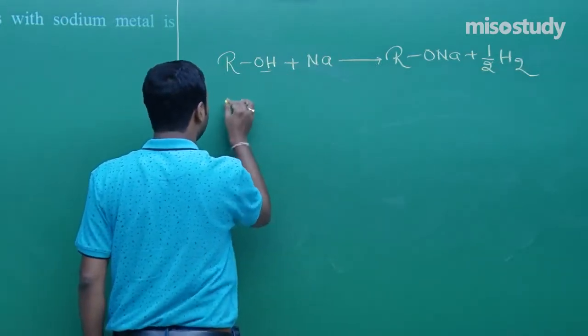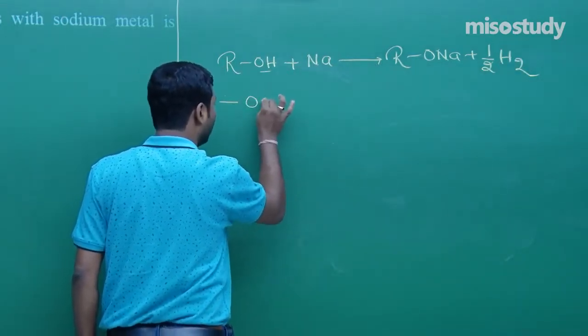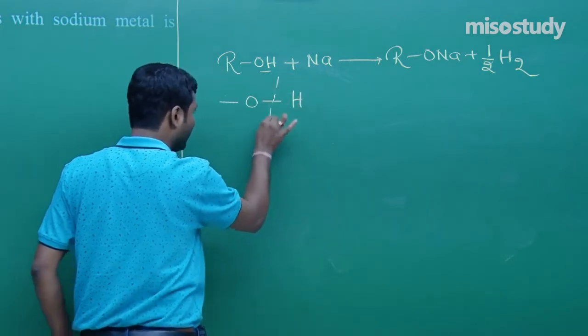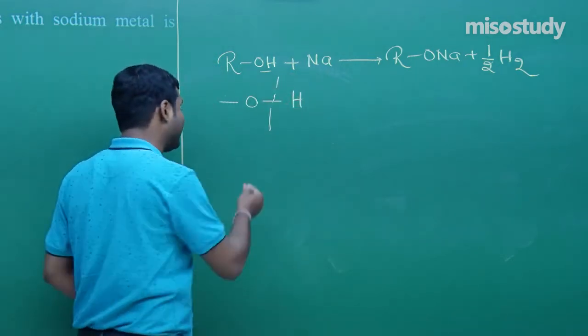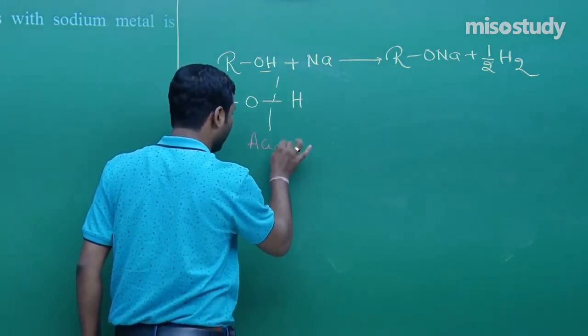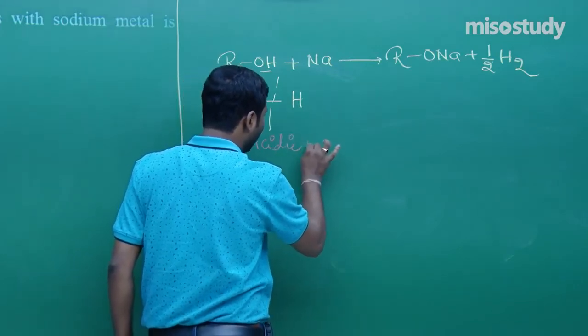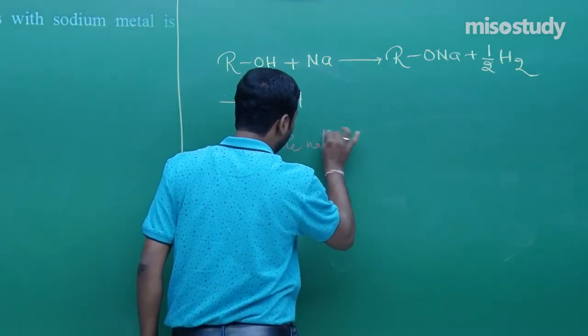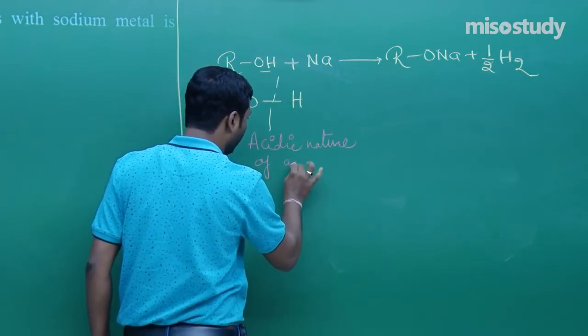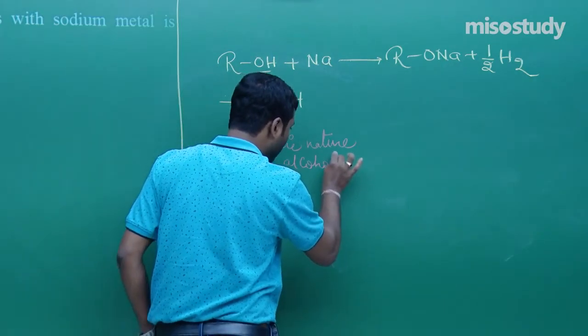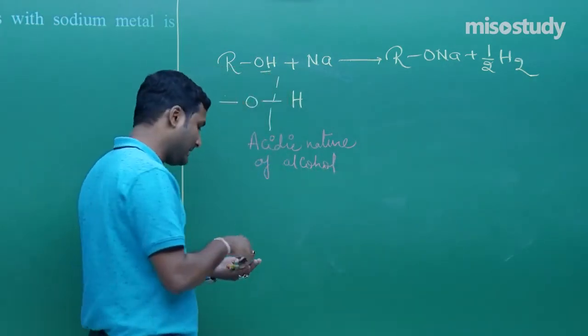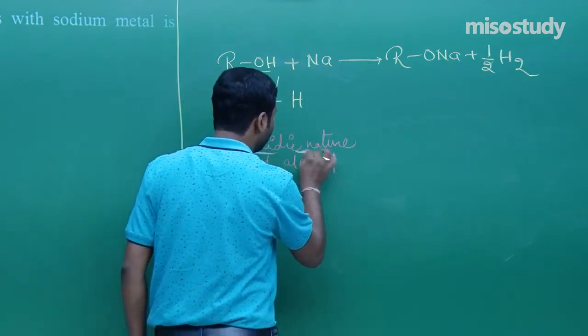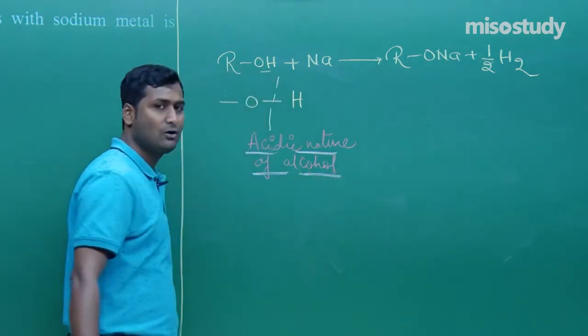There is a breaking of the OH bond. This bond breaking shows the acidic nature of alcohol.